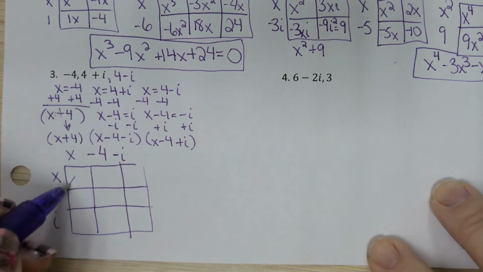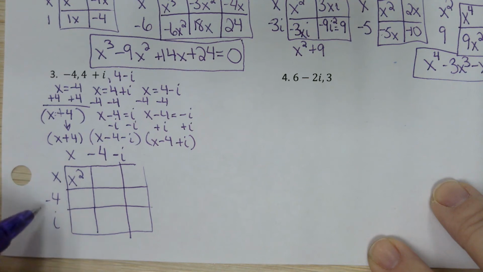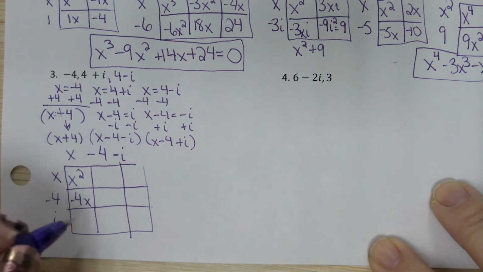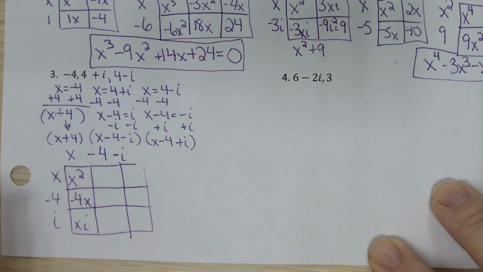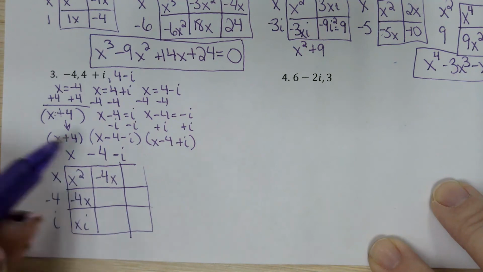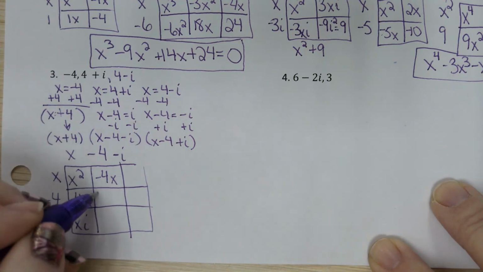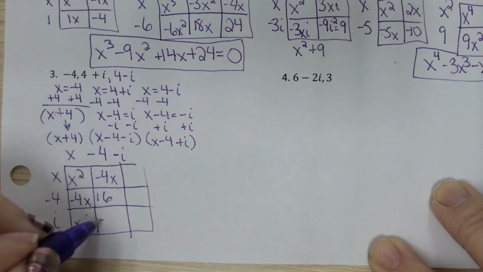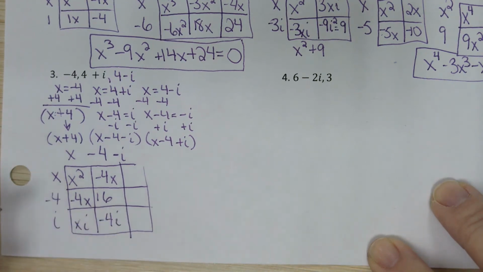X times x, x squared. X times negative 4, negative 4x. X times i, xi. X times negative 4, negative 4x. Negative 4 and negative 4, positive 16, negative 4 and i, negative 4i.